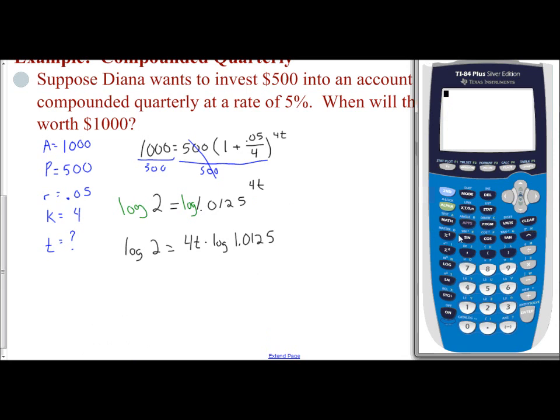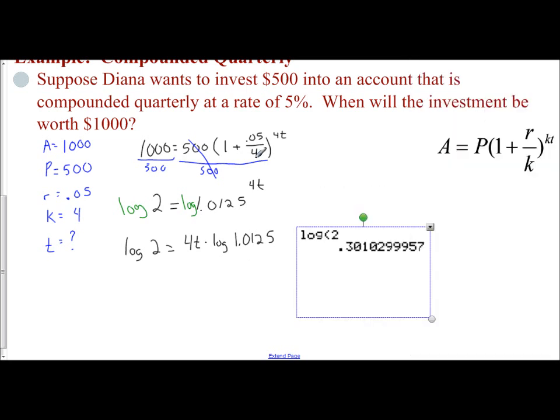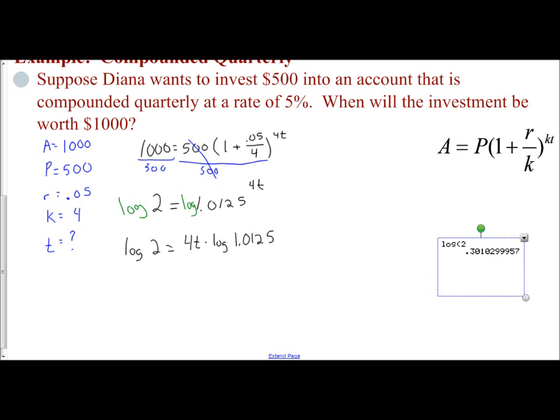So to solve from here, I am going to find what the log of 2 is. Deal with just the numbers. So log of 2, and that is 0.3010. So log of 2, let's write that down as 0.3010. Now really, this t is being multiplied by 4 and log of 1.0125.